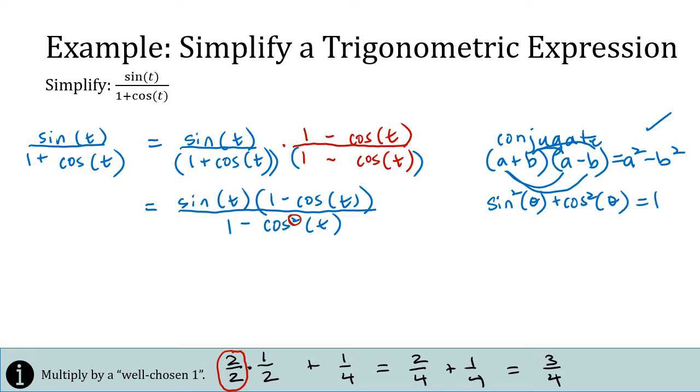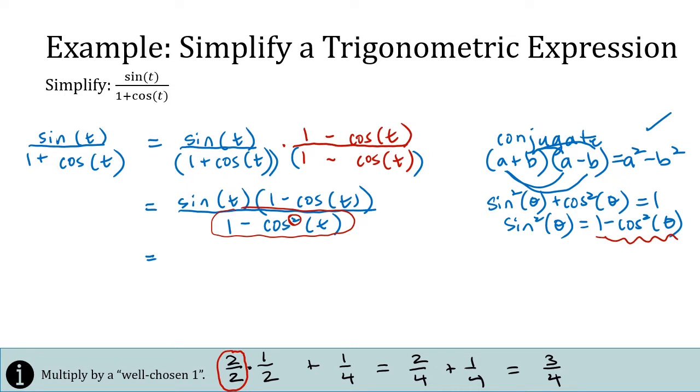Now, if I subtract cosine squared theta from each side, I end up with sine squared theta equal to 1 minus cosine squared theta. That means down in the denominator, this whole part right here is in the same form as a variation of the Pythagorean identity.